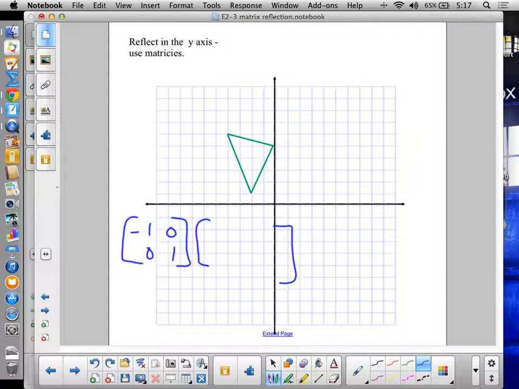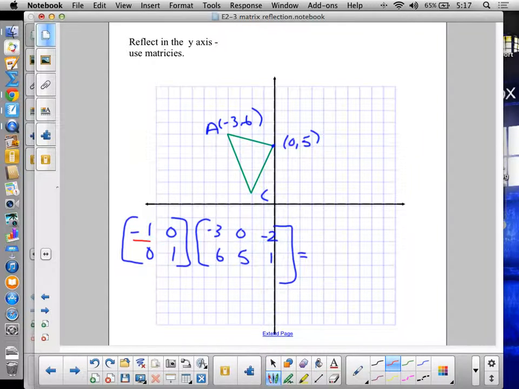I need my coordinate matrix. I'll call this point A. That's at negative 3, 6. I'll call this point B, which is at 0, 5. And I'll call this point C, which is at negative 2, 1. And now we'll do our multiplication.